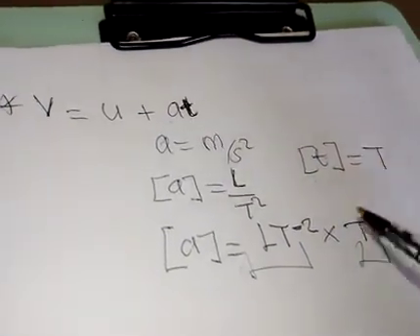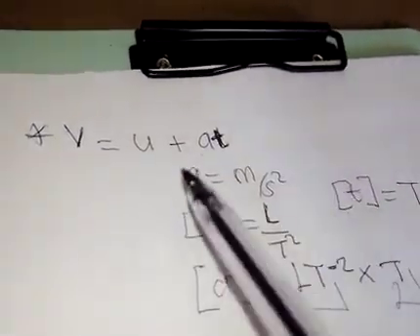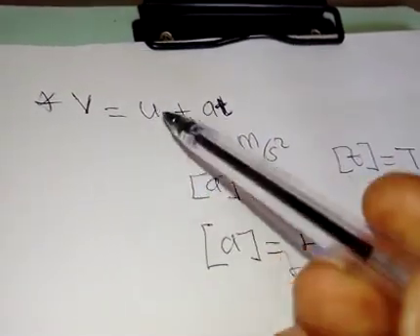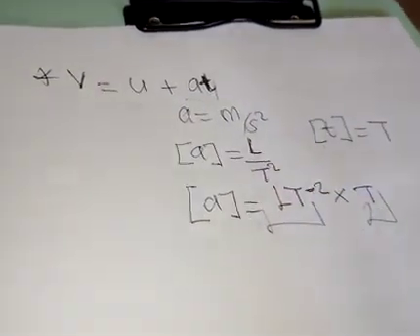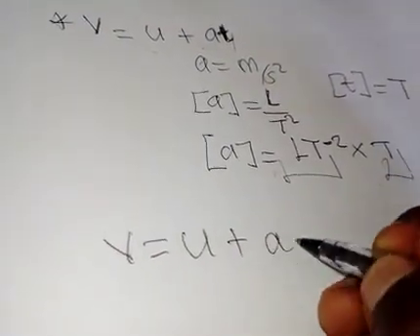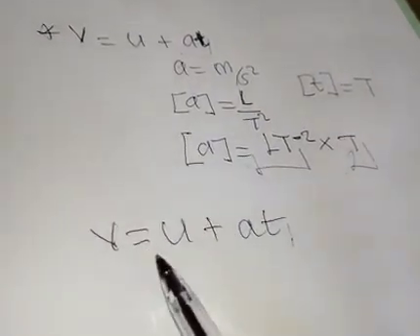Then when we talk about addition and subtraction, we only add those with the same physical quantity. Here, this is u, and that's at. We have v equals u plus at. So at is acting as one term, and u is one term.